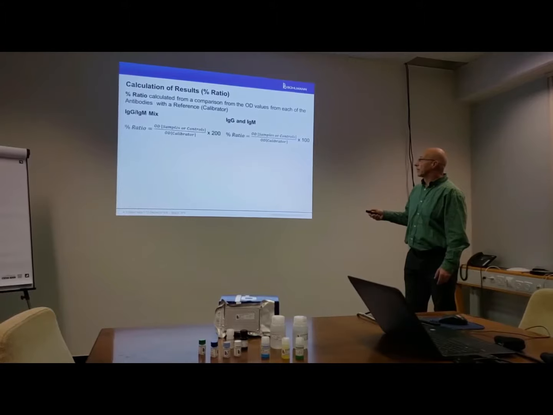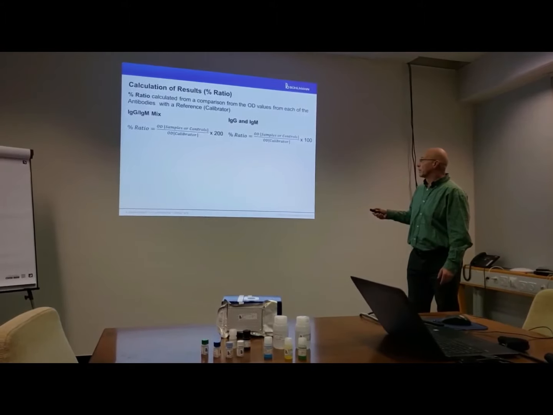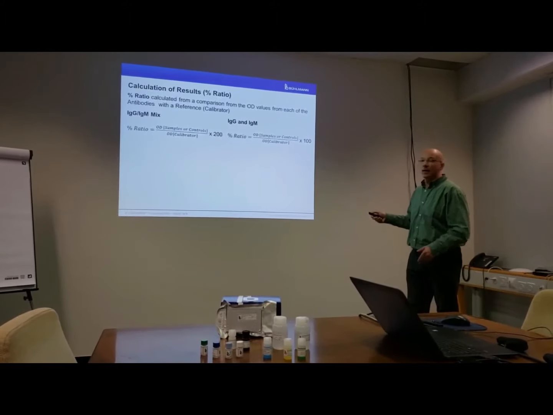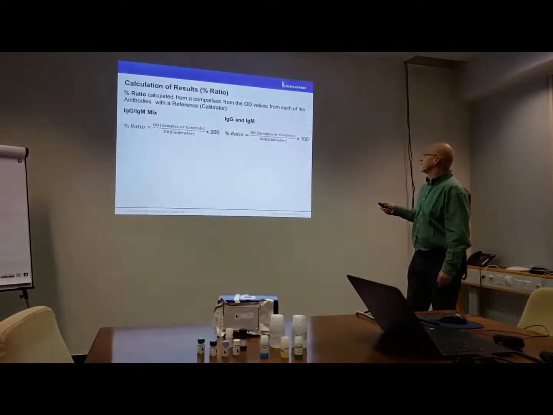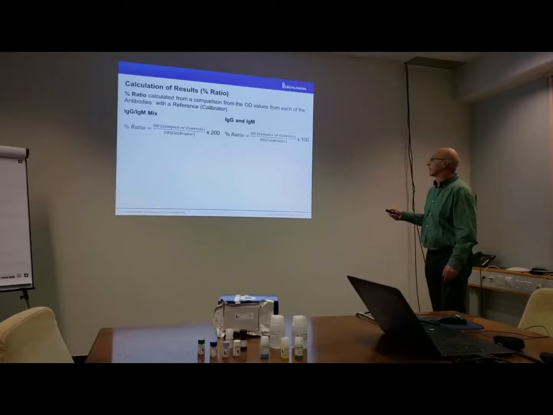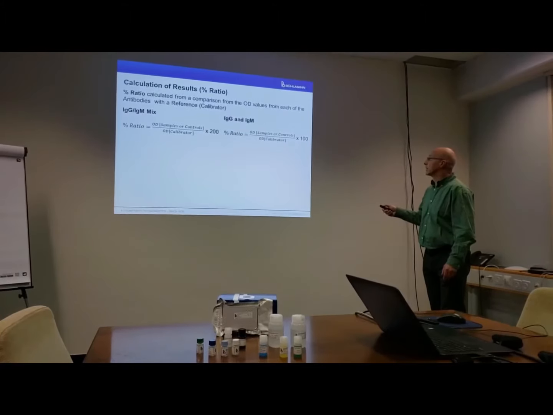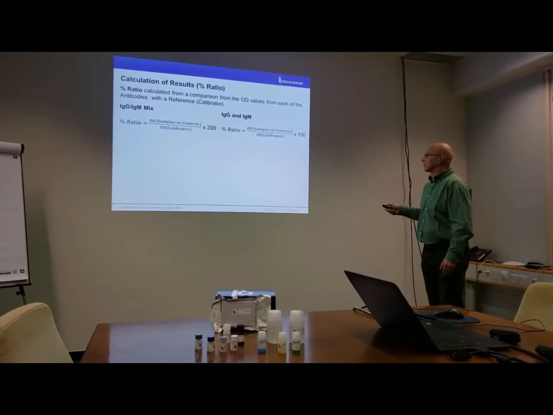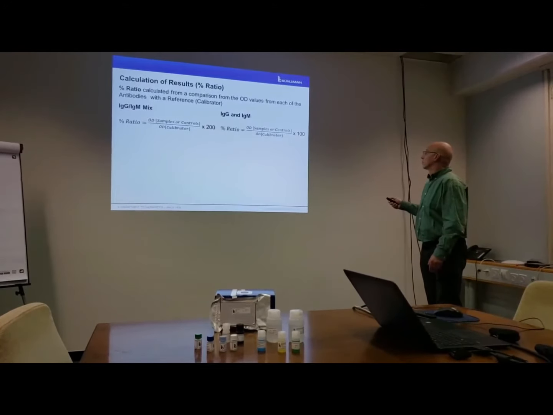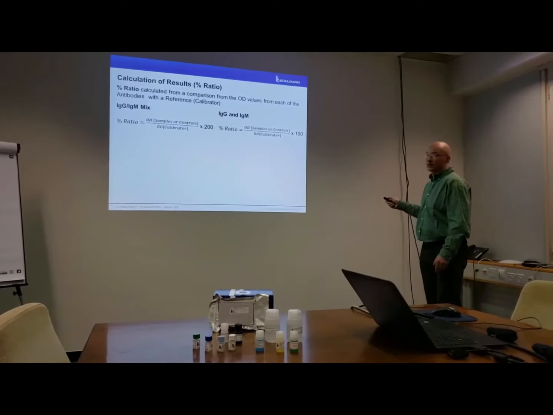For the mix, this ratio is multiplied by 200 and results in a percent ratio. The same procedure can be applied for the IgG and IgM conjugates, but instead of 200, you multiply with the factor of 100.